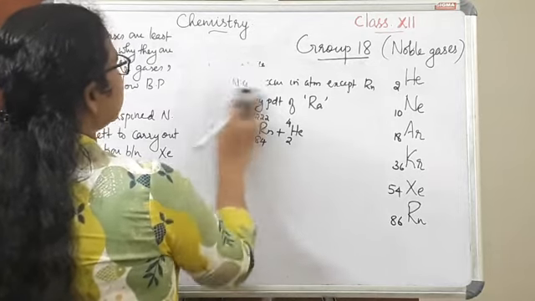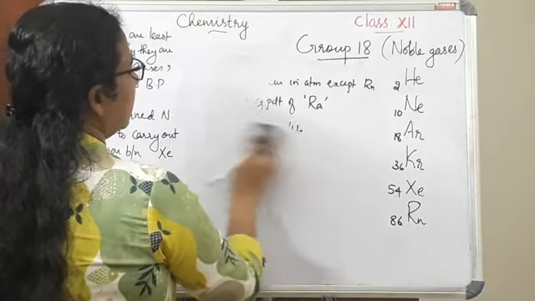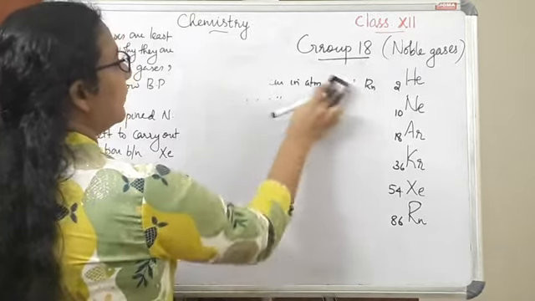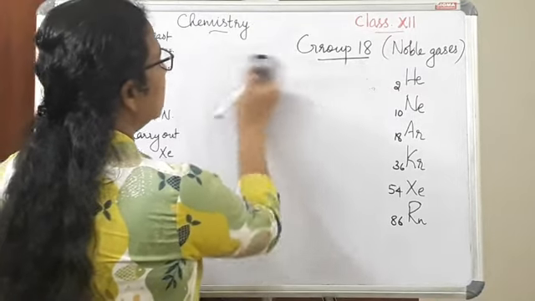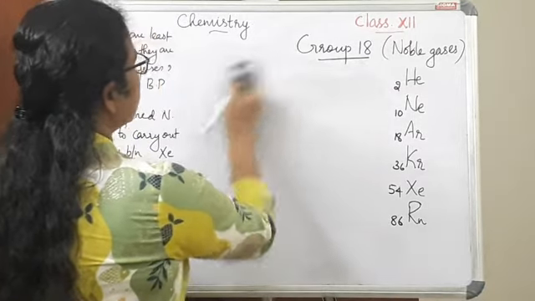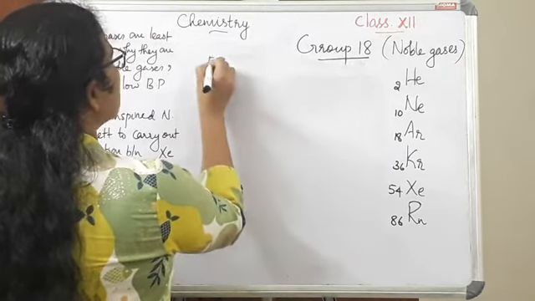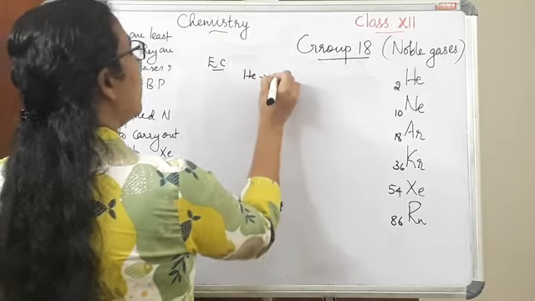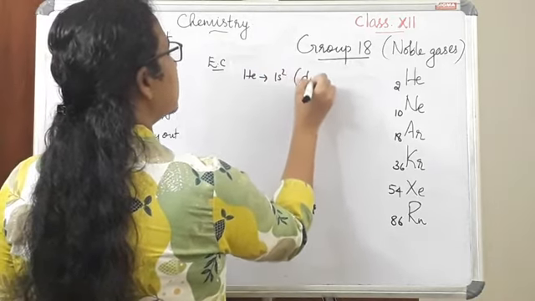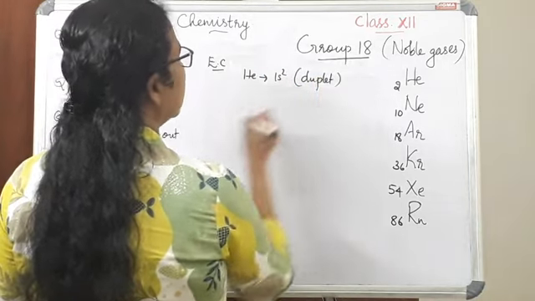Now let us see the electronic configuration. What is the electronic configuration of noble gases or group 18 elements? For helium, we know it is 1s2 configuration, and this is called a duplet configuration.